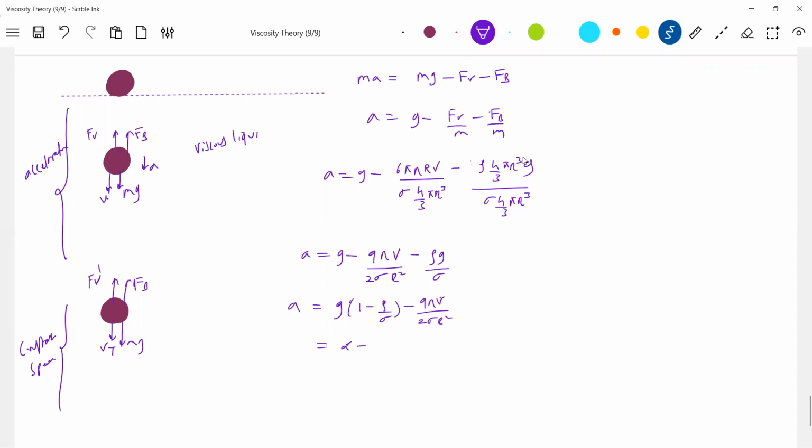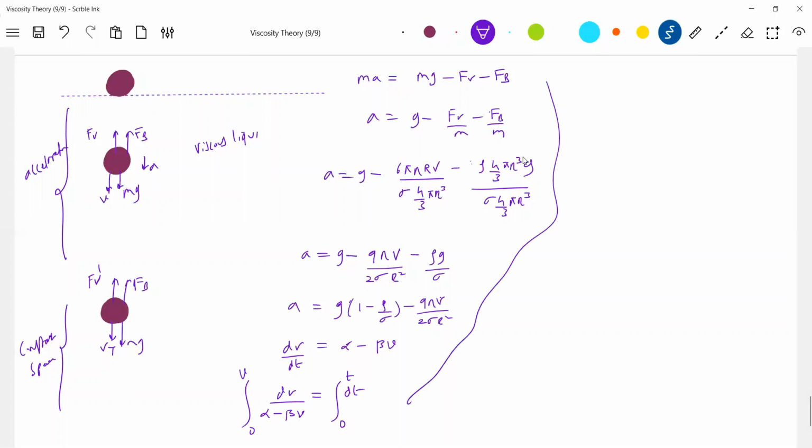Let me call this alpha, this beta, and the acceleration, let me write dv by dt. So again, similarly, I'll release from rest with this condition. Now, minus 1 by beta log of alpha minus beta v by alpha equals minus beta t.